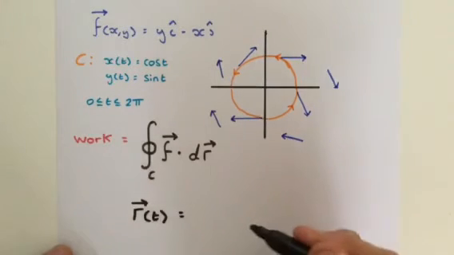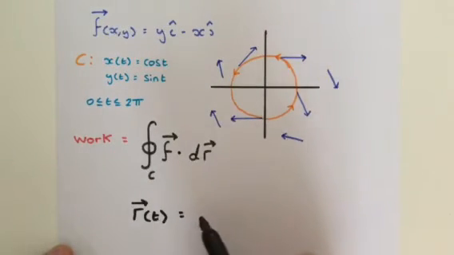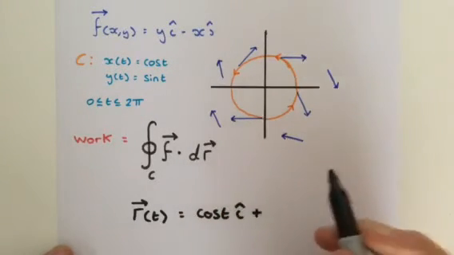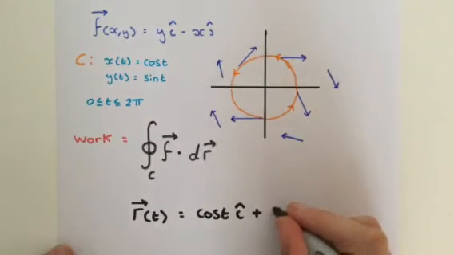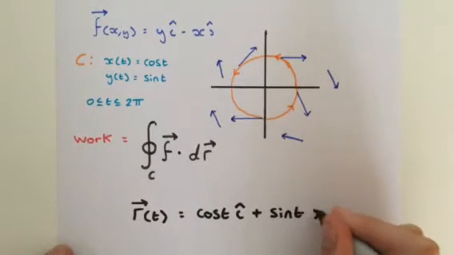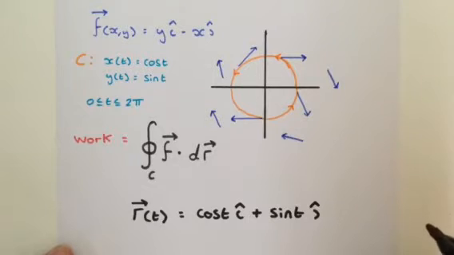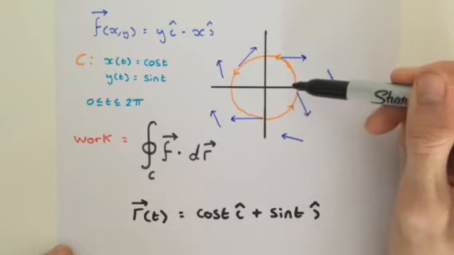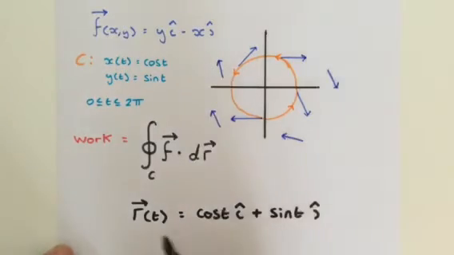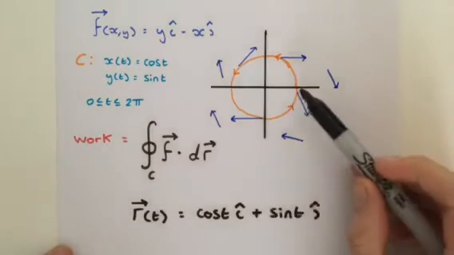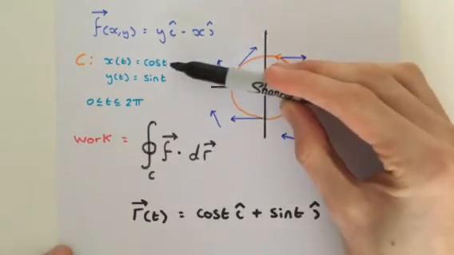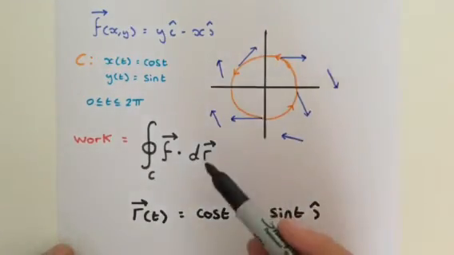It's simply going to be x, well, x is cosine of t, times i, and then we add y, well, y is sine t. So we get sine of t multiplied by j. The unit circle has no z component, it's just on the x, y plane. So that is the vector valued function for our unit circle. That is exactly the same as this parametric equation, r of t.